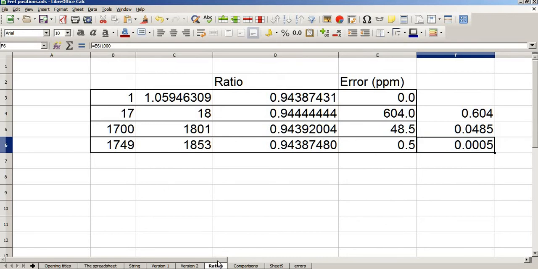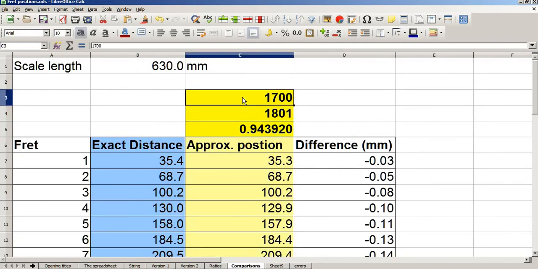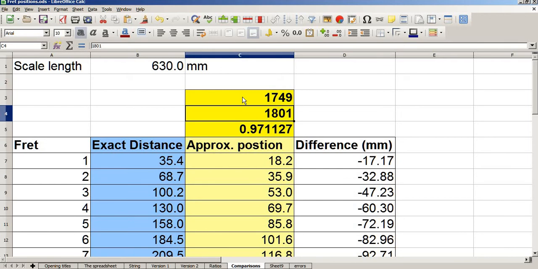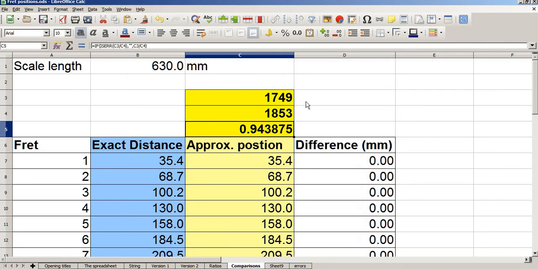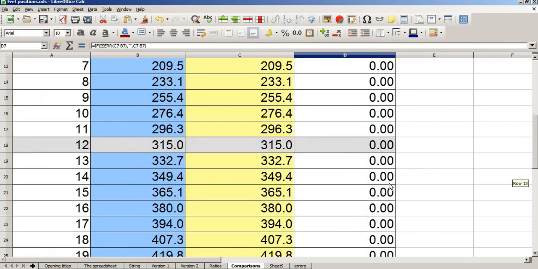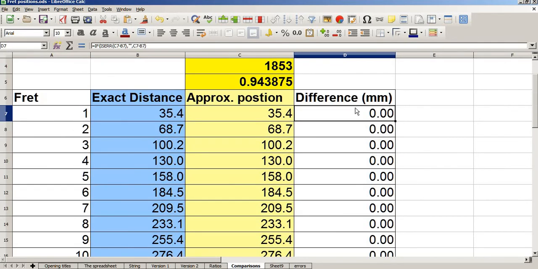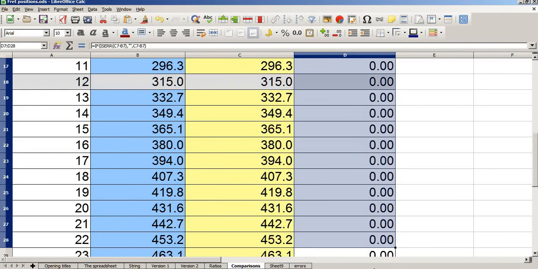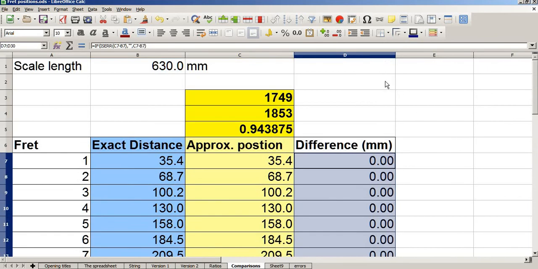Let's put that in. Now the difference between the exact location and the approximate location is so small it doesn't even show up at 2 decimal places. I have to add yet another decimal place to see anything.